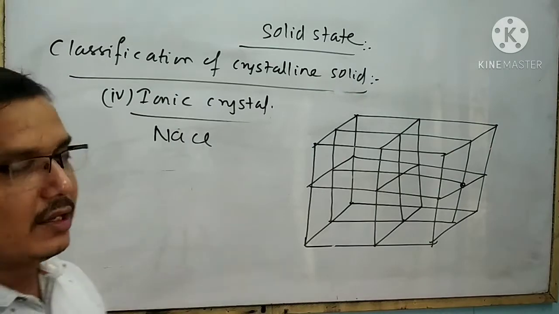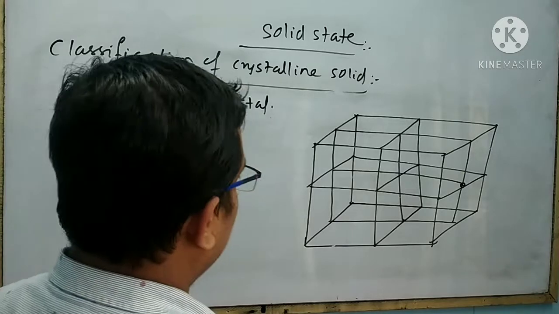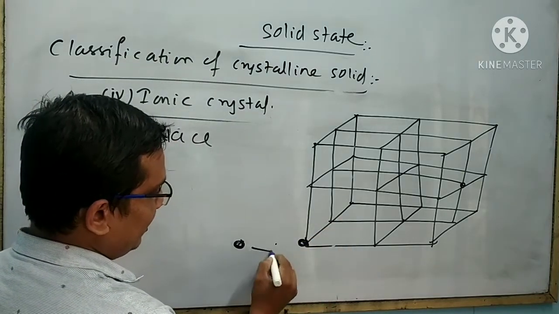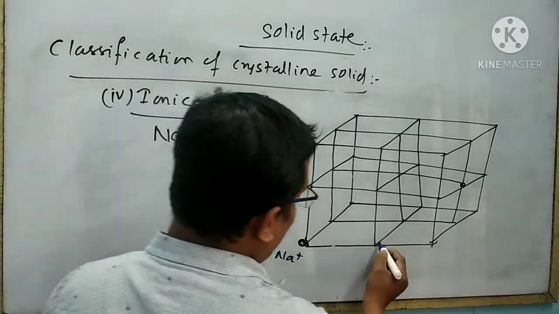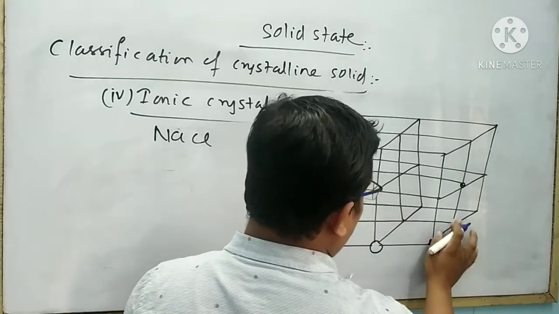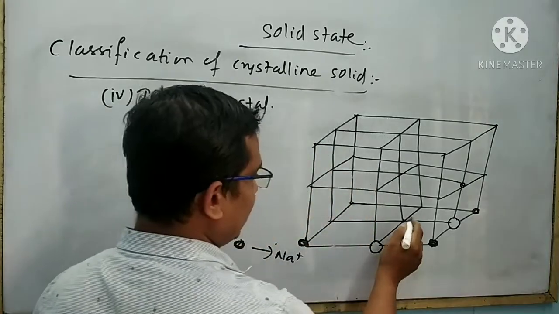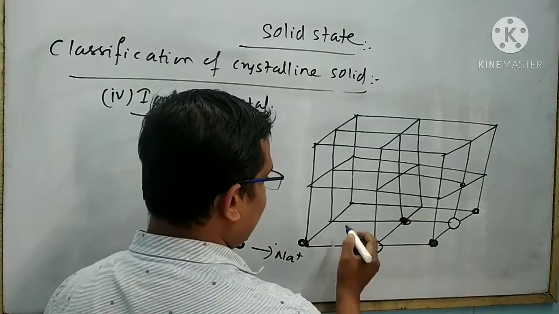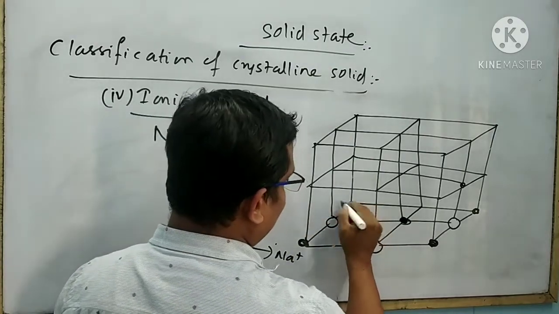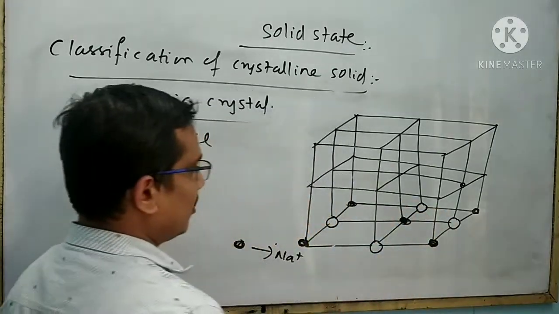This is the structure of sodium chloride. Here, suppose Na plus ion is present, then this is your Cl minus, this is your Na plus, next this is your Cl minus, this is your Na plus, this is your Cl minus.